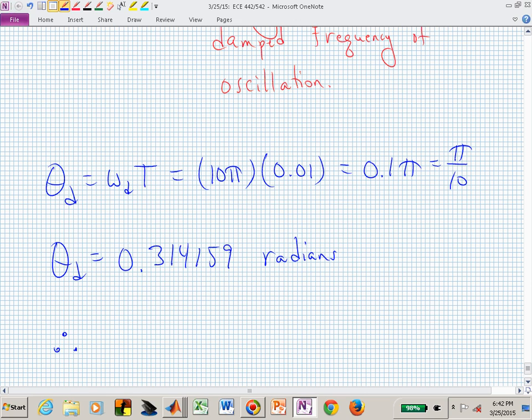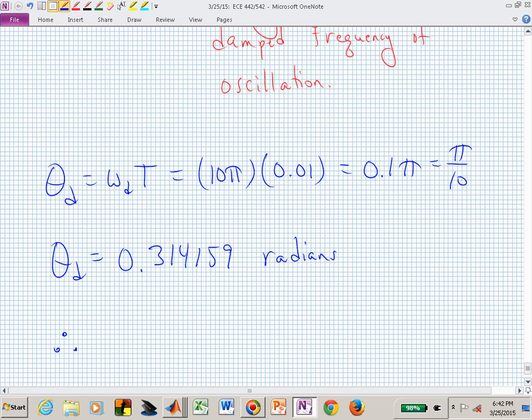So I would just draw these angles. One is at 0.19, one's at 0.314, or a tenth of the way around to pi. Theta sub d is being spec'd at two different places. We need it to be the fastest in order to satisfy all of these design specs.